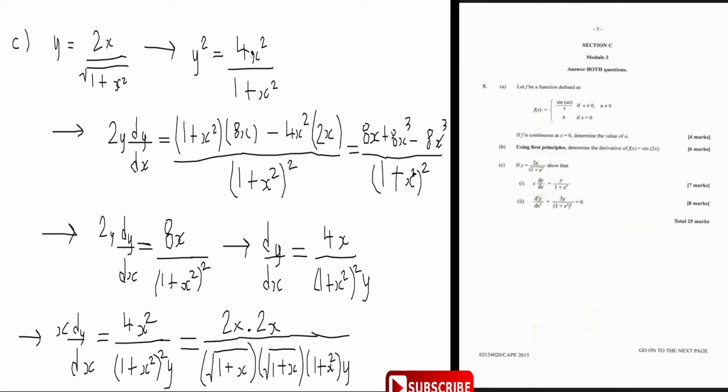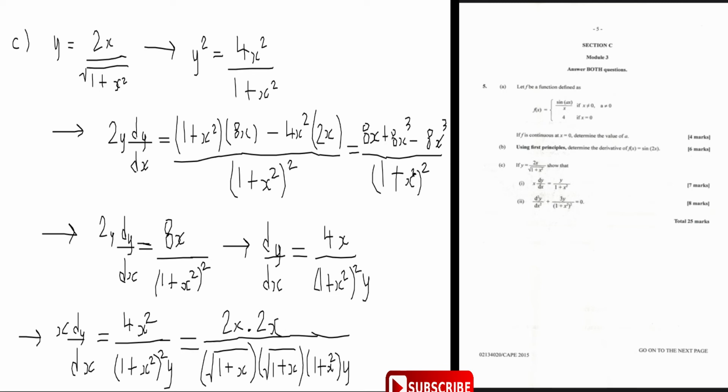Wait, 4x squared is 2x times x. My apologies. 4x squared is 2x times 2x.